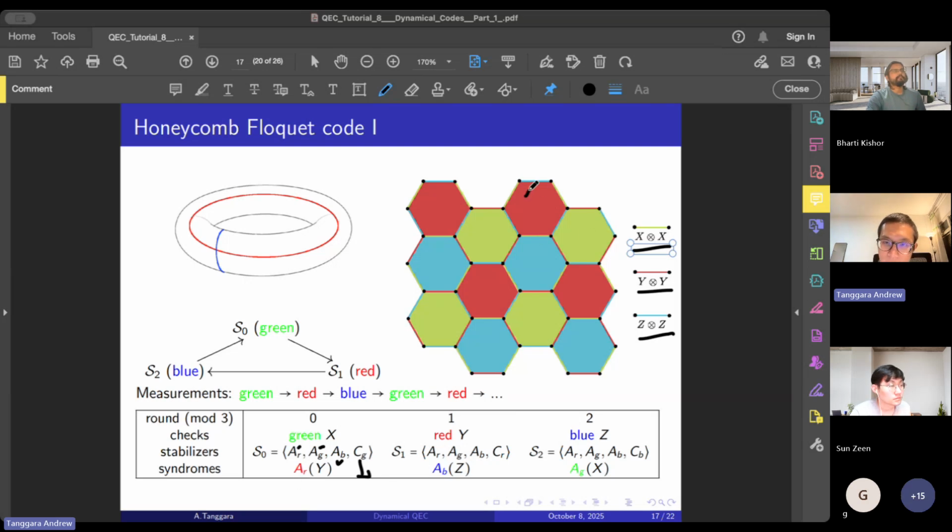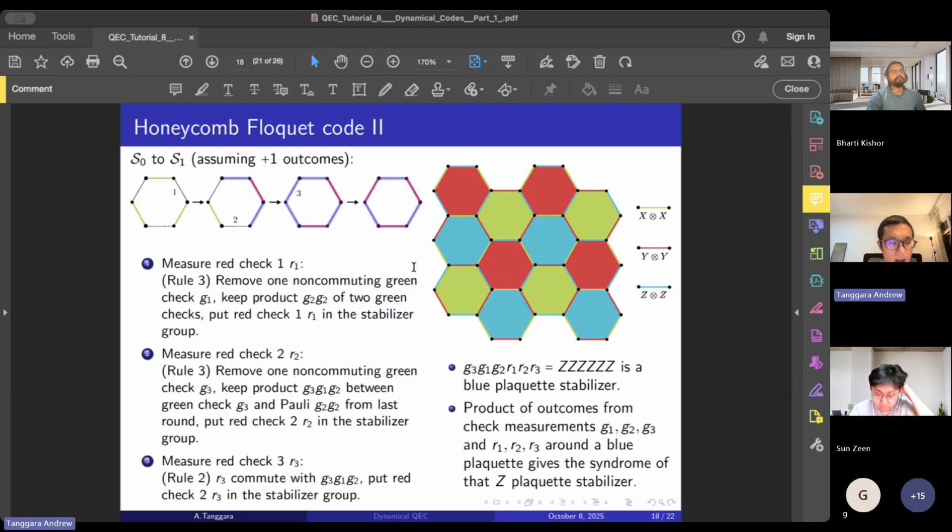The red ones basically have YY Pauli operators on them, and the green ones have X operators, and the blue ones have Z's. And we're gonna see why that is in the next slide.